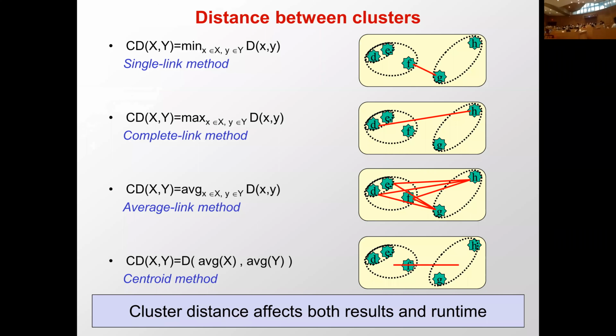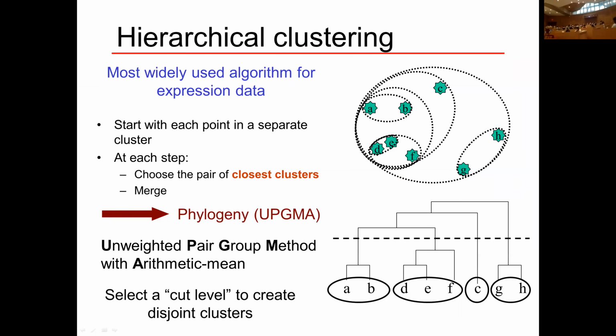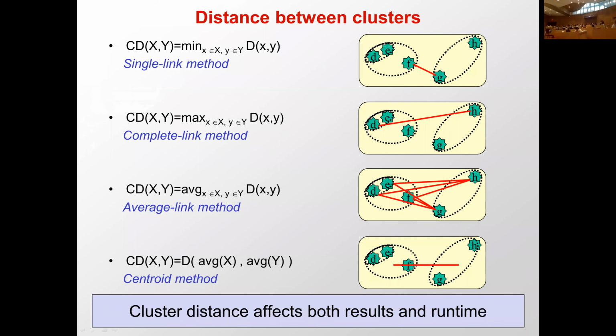Of course, there's a lot of stuff hidden under the rug here. First of all, we assumed that we were going to recompute the distances between these two and that guy. The way to do that is to compute a cluster-to-cluster distance based on a point-to-point distance. And how do I do that?